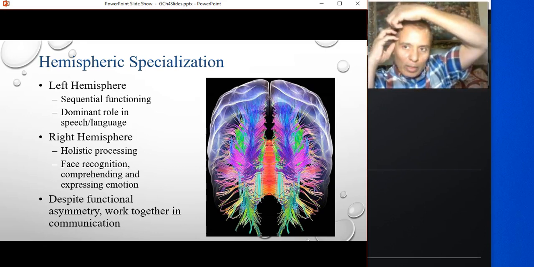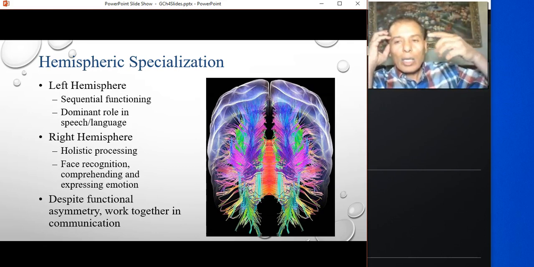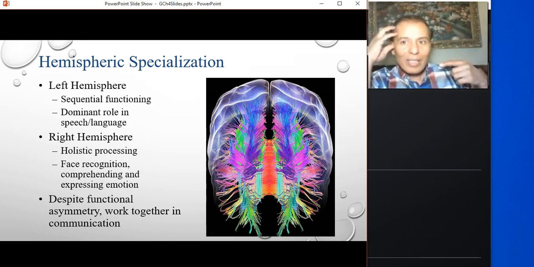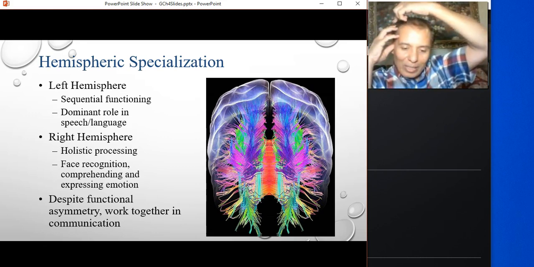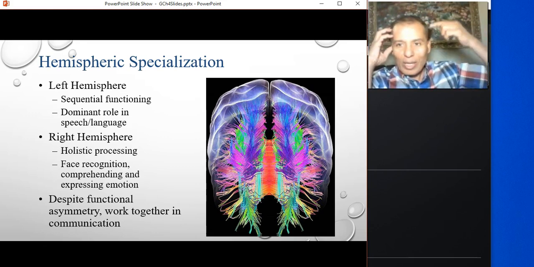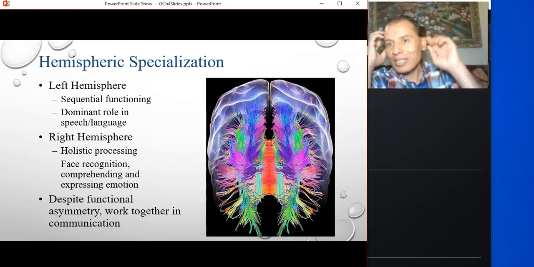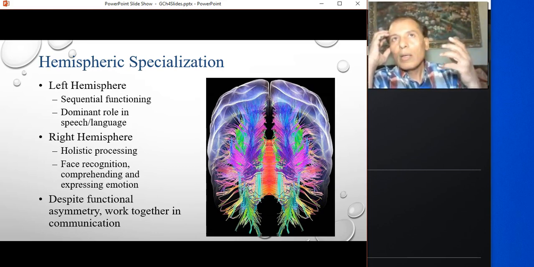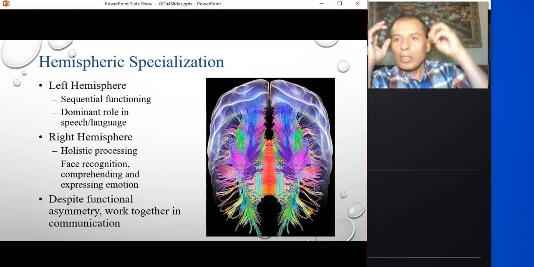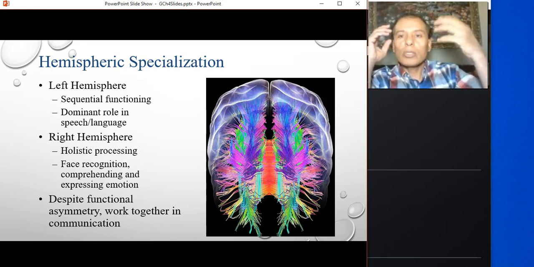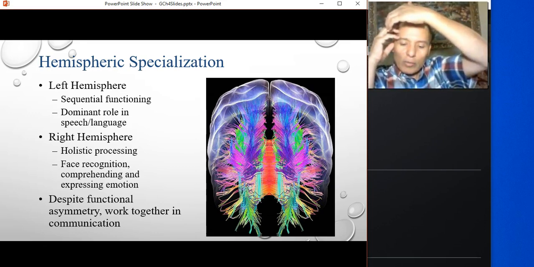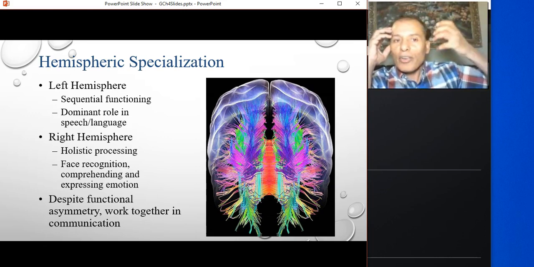So the right hemisphere cannot recognize the words, cannot get their meaning, cannot make the sentence structure. It gets the signals, yes, but it has to communicate with the left hemisphere to get the meaning of these words and sentences, to assemble the sounds into syllables and words and so on.